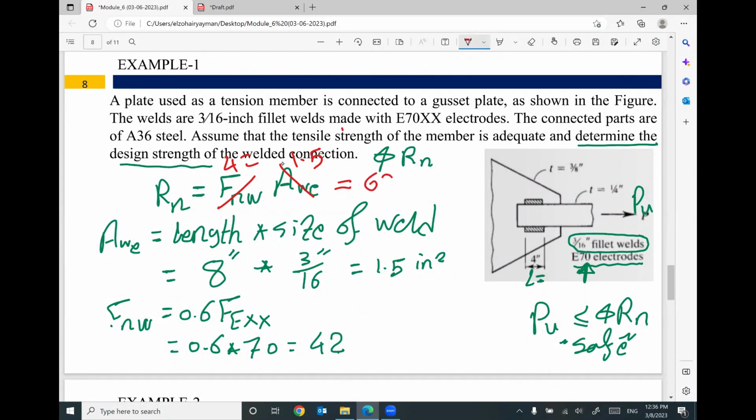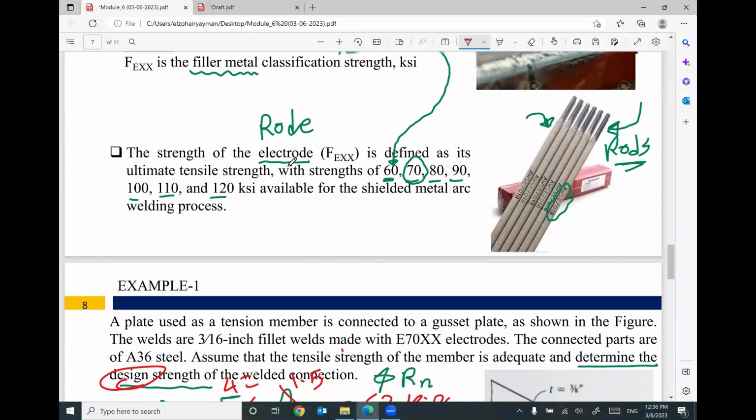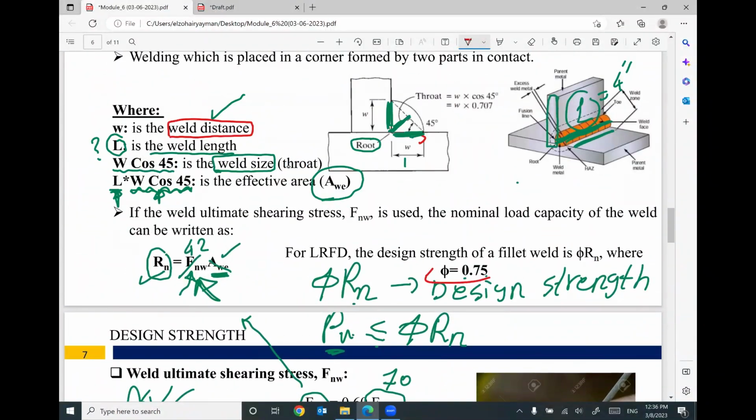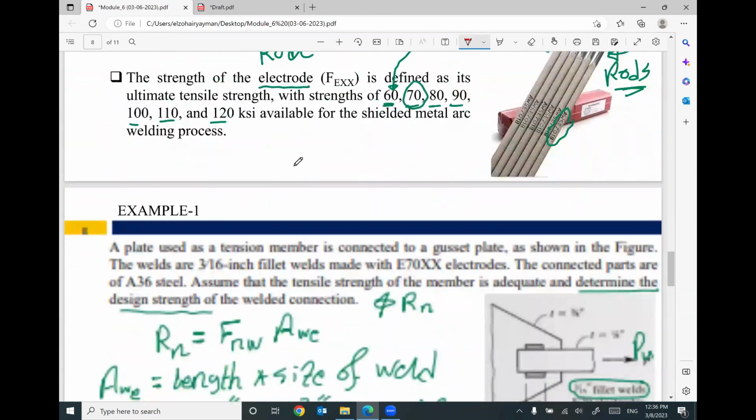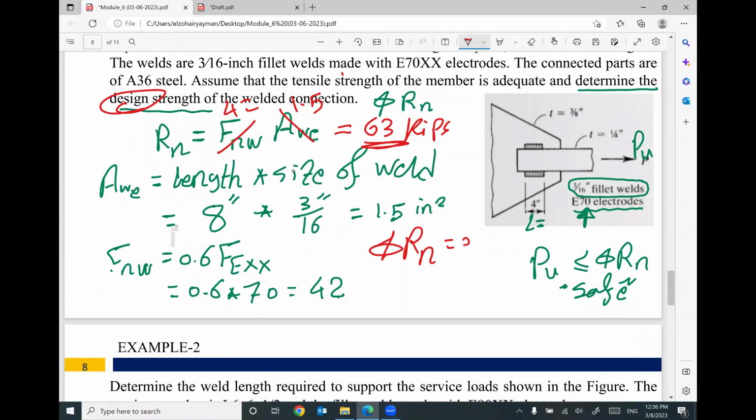63 kip. But I need the design strength. This value is the nominal strength. If you would like to get the design strength, I have to multiply Rn by phi. Your value of phi based on AISC equals 0.75. So I will multiply 0.75 times 63.